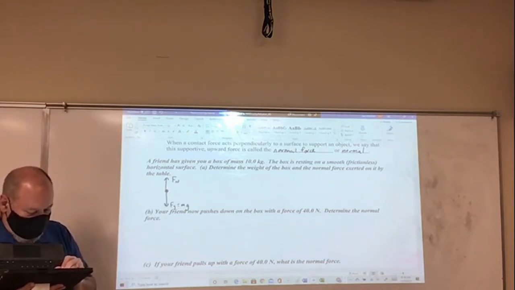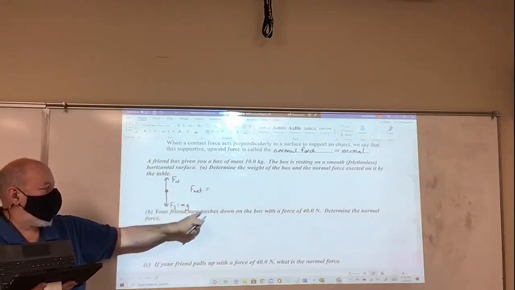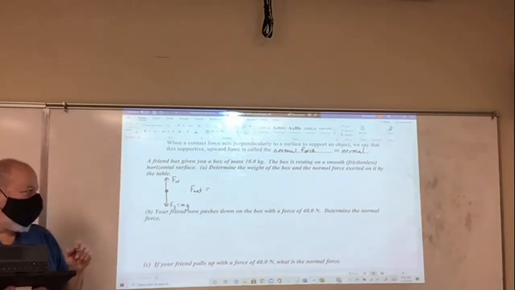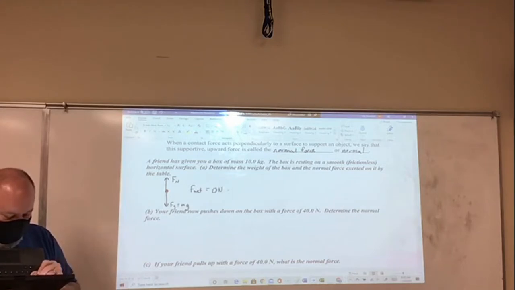And I can say the net force then. I only have two choices. If it's not accelerating, my net force has to be 0 newtons. If it is accelerating, my force has to be ma, right? But this is 0 newtons.